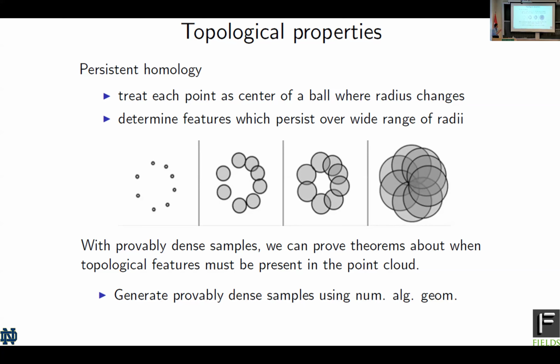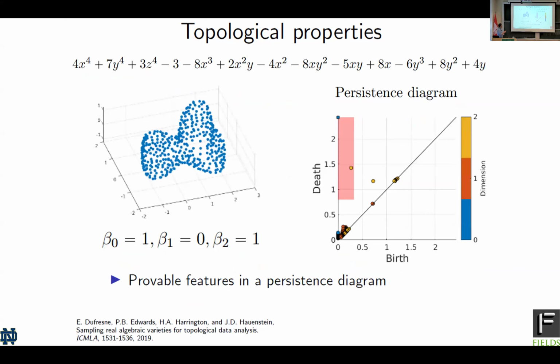So if you have a provably dense sample, so if you know how dense your sample is, then you can actually prove theorems about the topological features that appear. And the beautiful thing is numerical algebraic geometry allows us to give these provably dense samplings here. So here's a picture of a quartic where this is provably dense up to some radius epsilon.